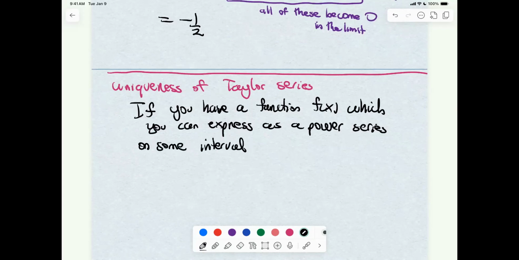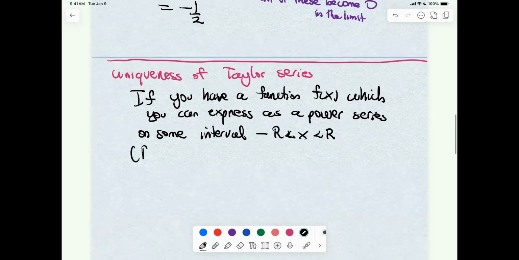Well, usually I have been centering things at the origin. So I'll just say that x is between negative r and r. So think of r as this radius of convergence.